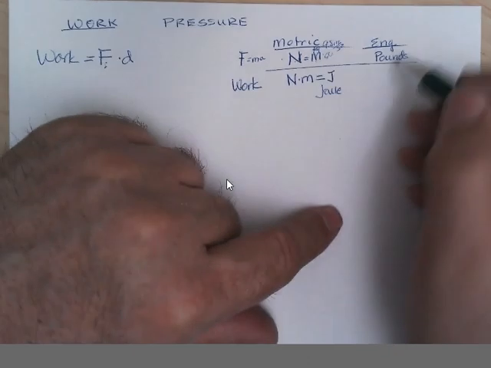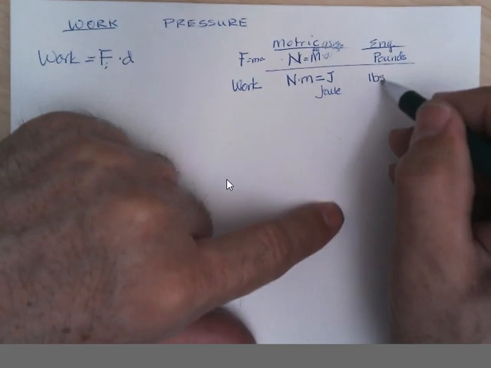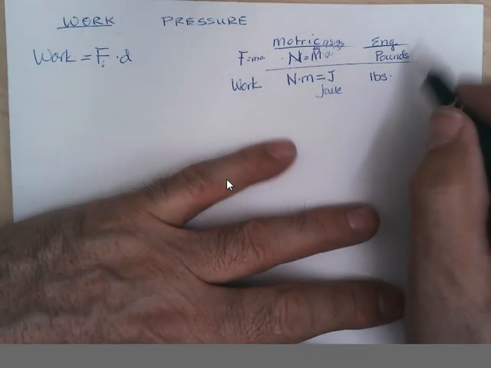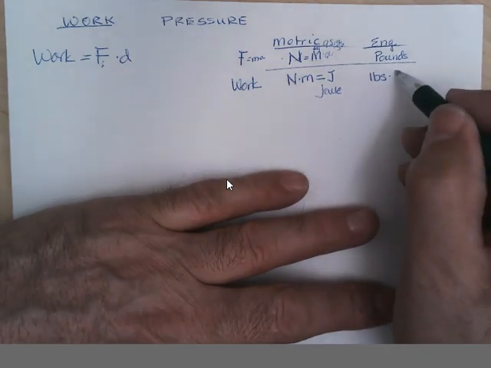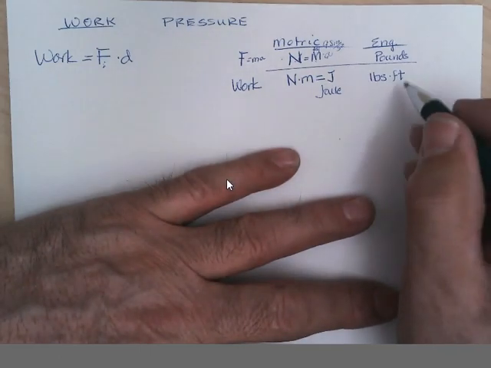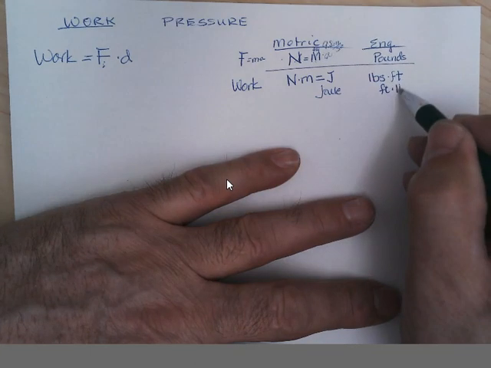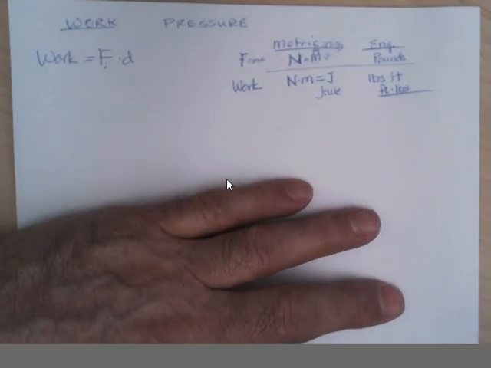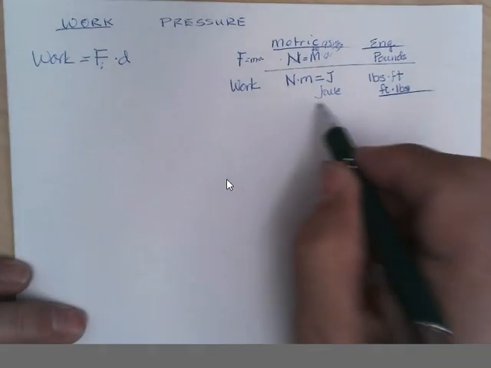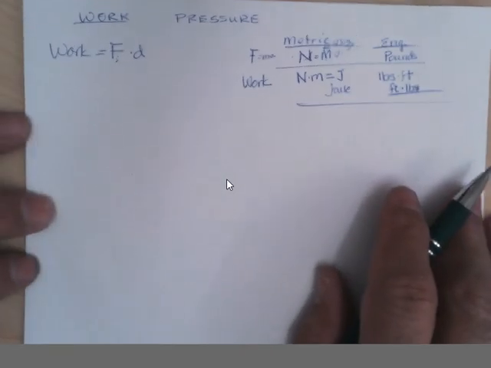Work in the English system would be force, pounds, times distance, often done in feet. So it's often not written pounds times feet. It's often written foot-pounds. Okay, so there's a little bit about the units. It depends on whether we're working in the metric system or the English system.